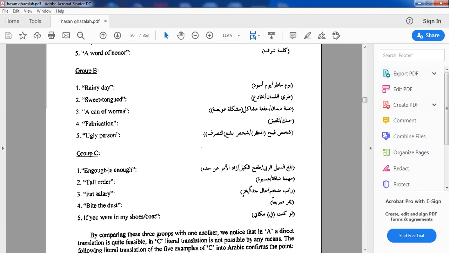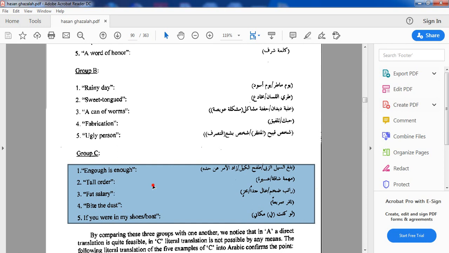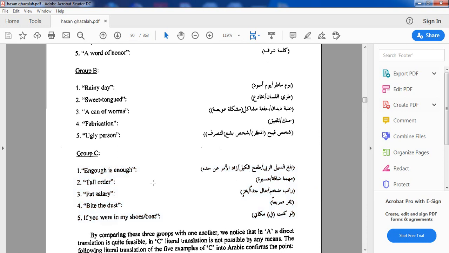Or "if you were in my shoes or boat", لو كنت في حذائي أو لو كنت في مركبي أو زورقي. What's the meaning here? There is no meaning. So in such types of expressions or sentences, literal translation is completely unacceptable.